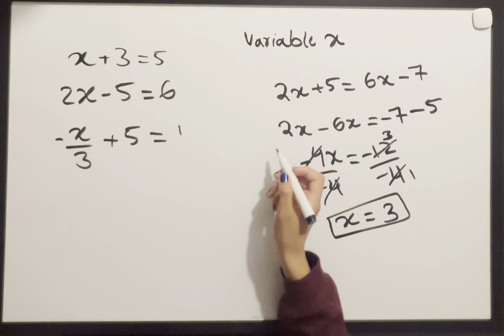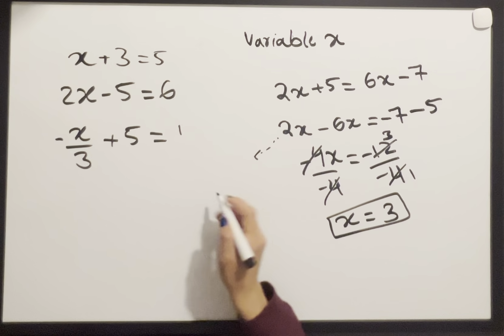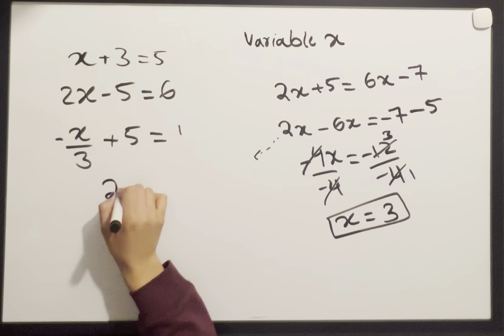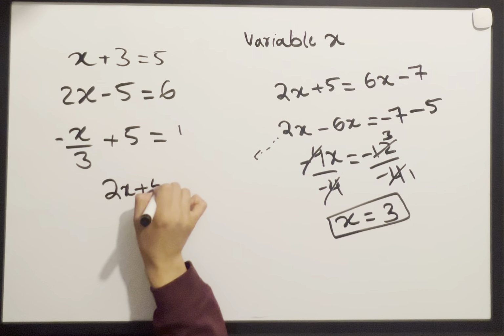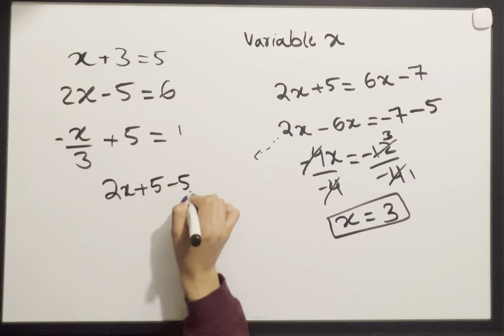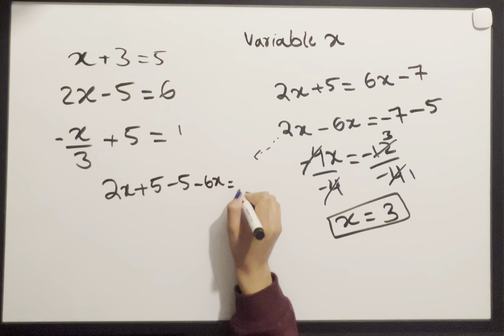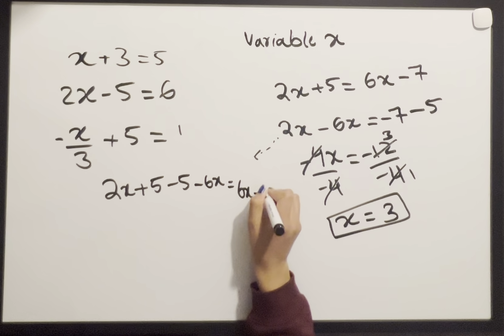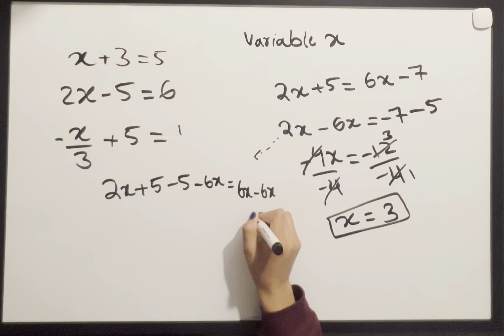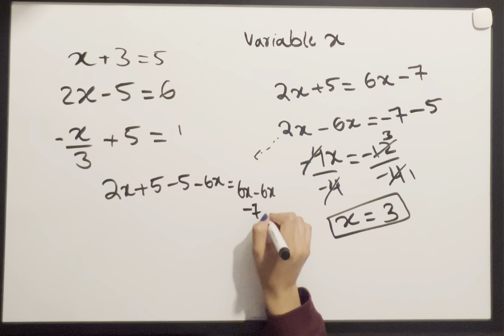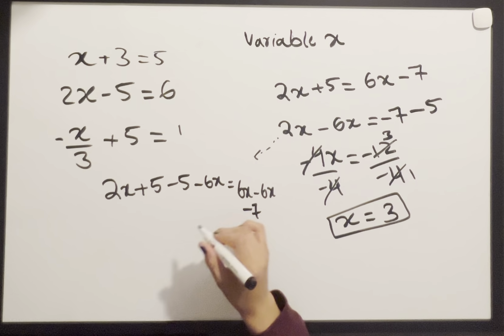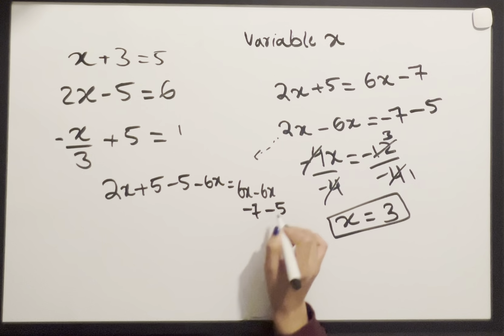And if you got confused in this part, I can show you that all we did was 2x plus 5 minus 5 minus 6x equals 6x minus 6x minus 7 and minus 5.